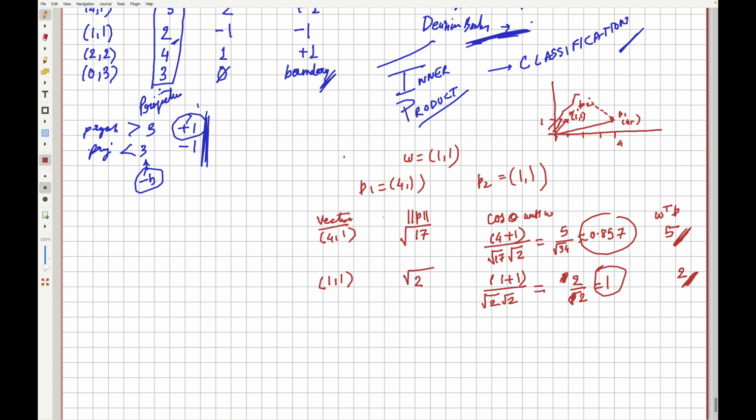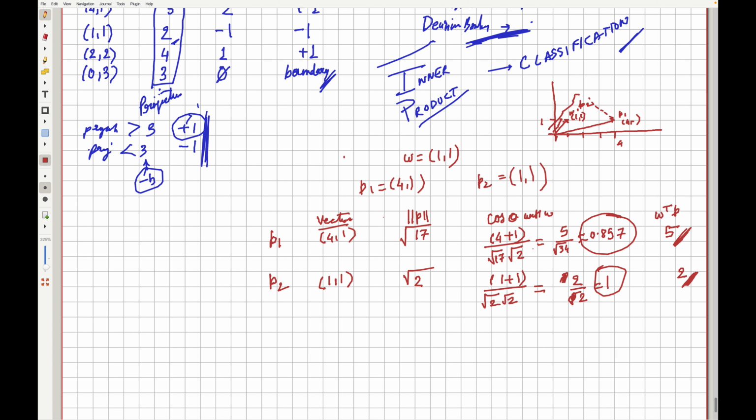So yes, if we had looked at just the dot product of P1 with W, it has a larger projection. But if we want to compare just how similar they are, we can also normalize them with these magnitudes, the length of their vectors, and so then we get a real picture as to how similar each of them are.